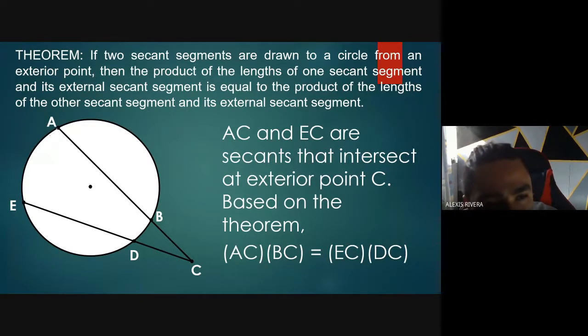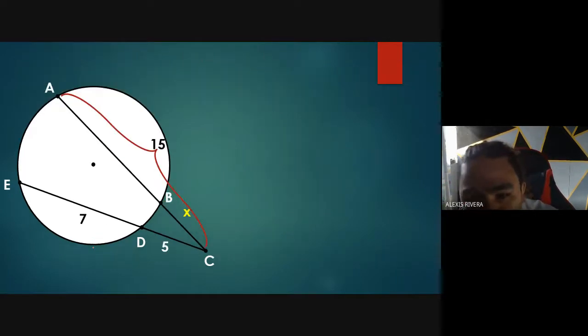Sa madaling sabi, buo times labas is equal to buo times labas. Again, buong segment times yung nasa labas niya na part is equal to buong segment again times sa nasa labas niya na part. Malinaw? Let us try.